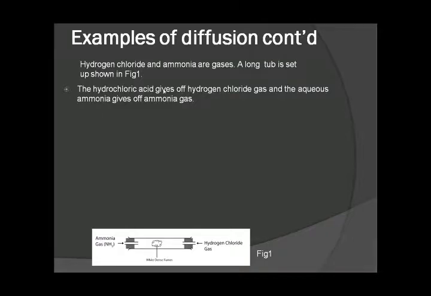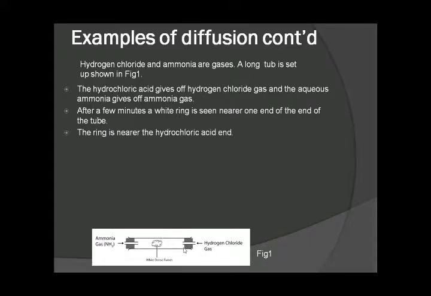The hydrochloric acid gives off hydrogen chloride gas and the aqueous ammonia gives off ammonia gas. After a few minutes, a white ring can be seen near one end of the tube. So here's the white ring, or the white cloud. The ring is near the hydrochloric acid end.